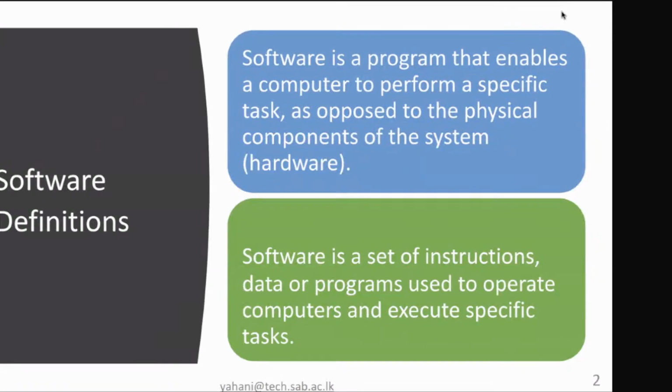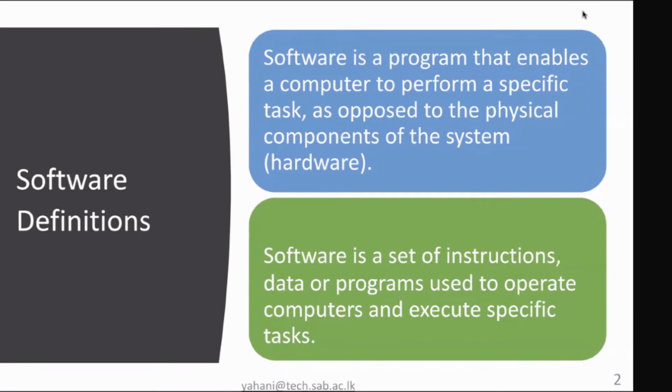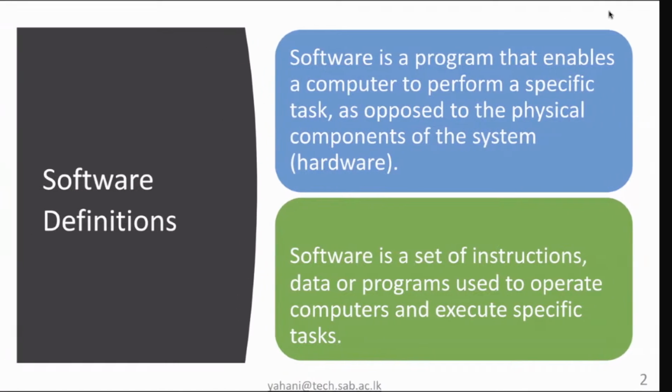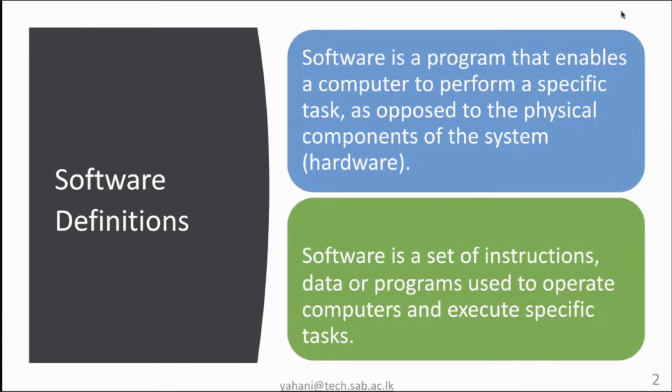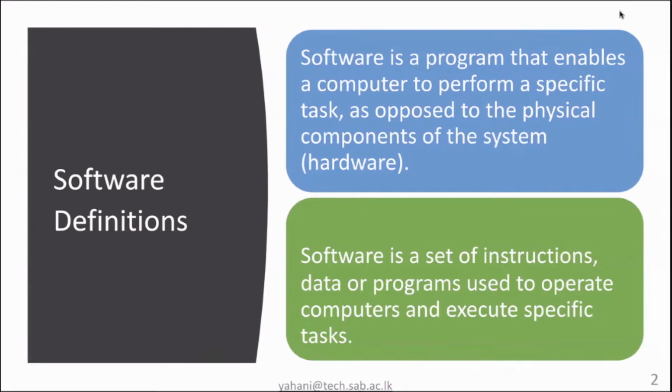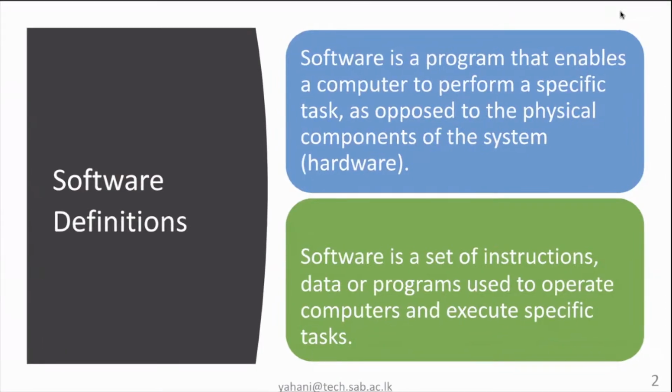We have requirements, then we build for specific tasks, and the softwares are used to control our hardware components. Without the software, we cannot use our hardware. So softwares are very special for the hardware components of a computer.